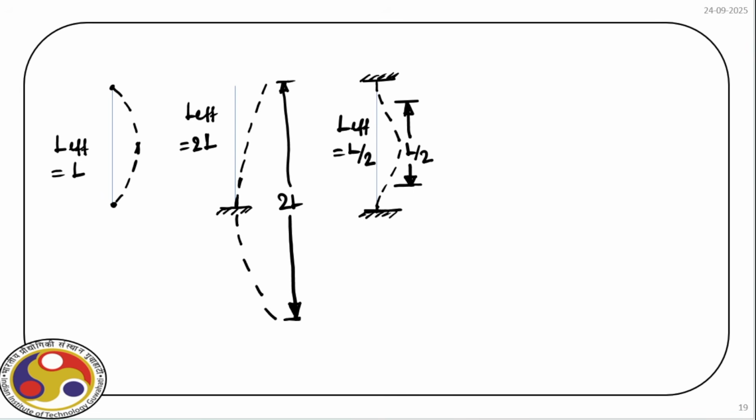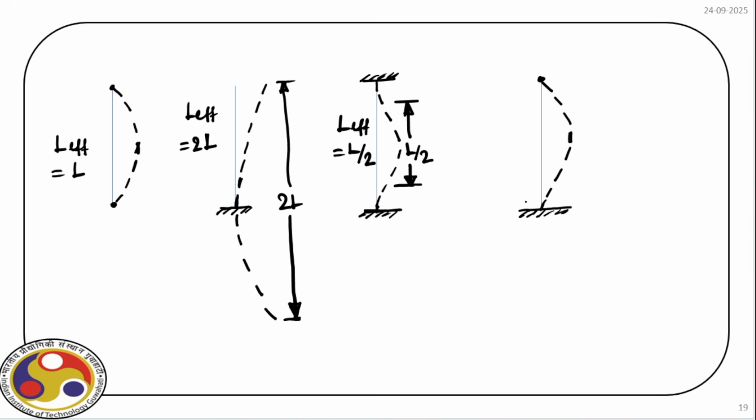Now the last one we have solved, and it is having one end fixed and other end hinged. So the deformed shape is something like this, and because we have full fixity at the end, we have slope 0 here.